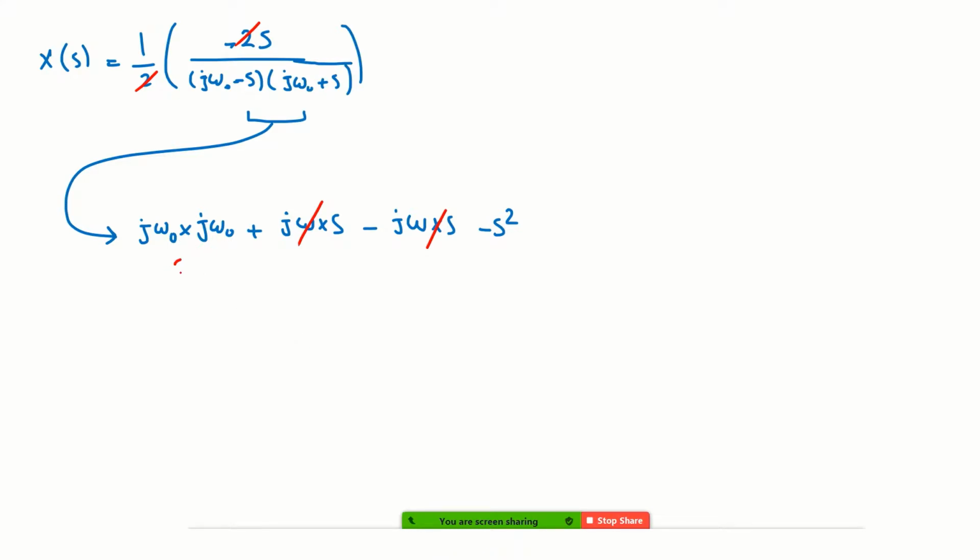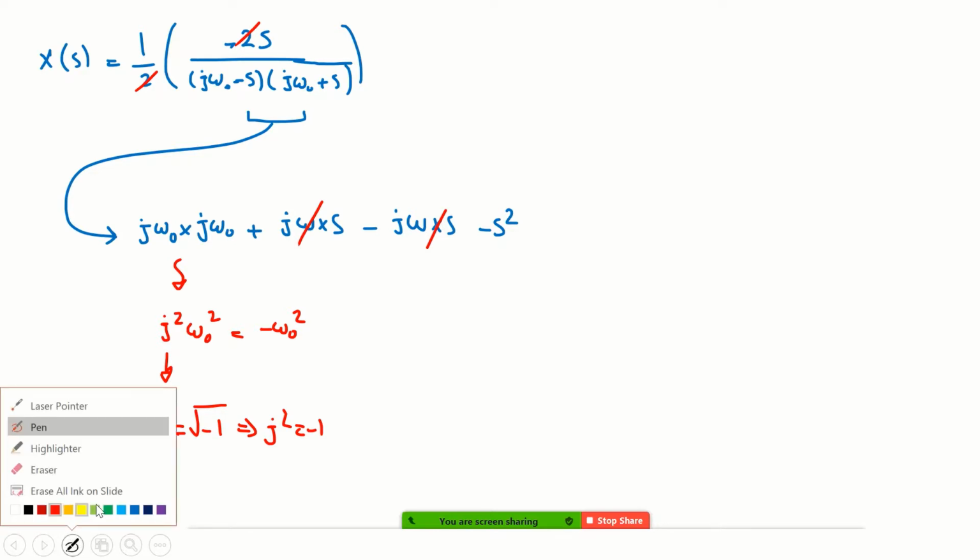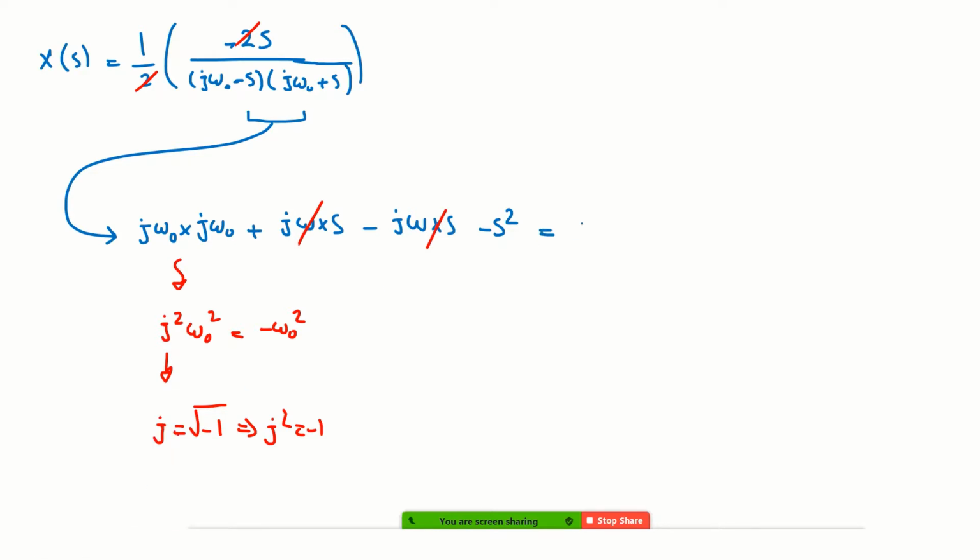This equals j squared omega 0 squared. And we know that j equals the square root of minus 1, so j squared is minus 1. I replace that here, so this becomes minus omega 0 squared. Now I can write this equals minus omega 0 squared minus s squared.